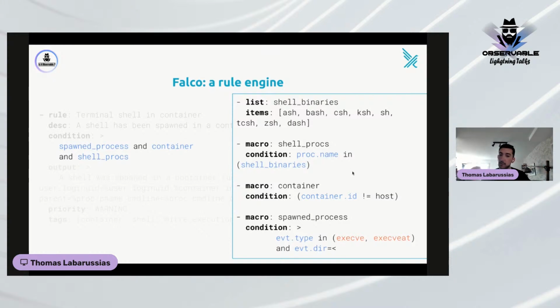So we have these blocks called macros, and these macros can also use lists, and the rules, the conditions, can use lists. As everything is written in YAML, you can easily extend or customize the rules, the macros, the lists by just overriding the conditions, the items or else, or just appending elements.